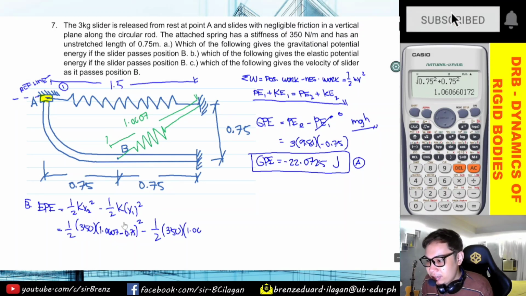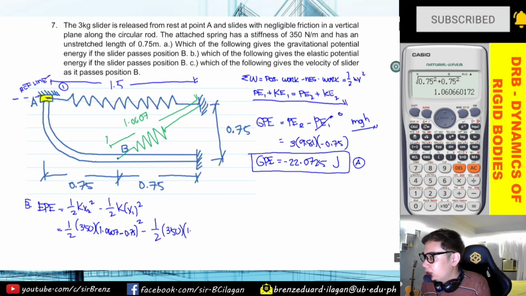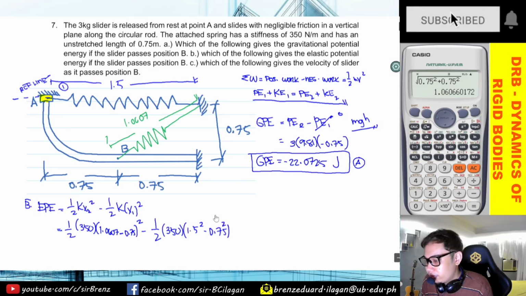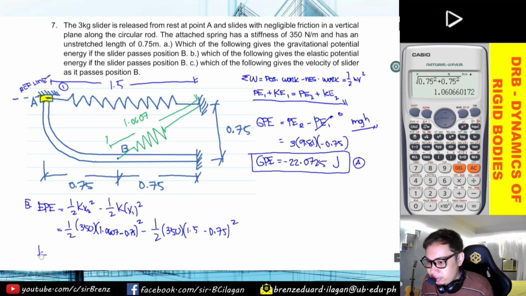So, final minus initial nga pala yun. And then ito yung dapat na 1.5 minus the initial. So, 1.5 minus 0.75, squared. Nagkakamali na naman. Dito yung squared. Kx squared. Ayan. So, what will be the elastic potential energy?